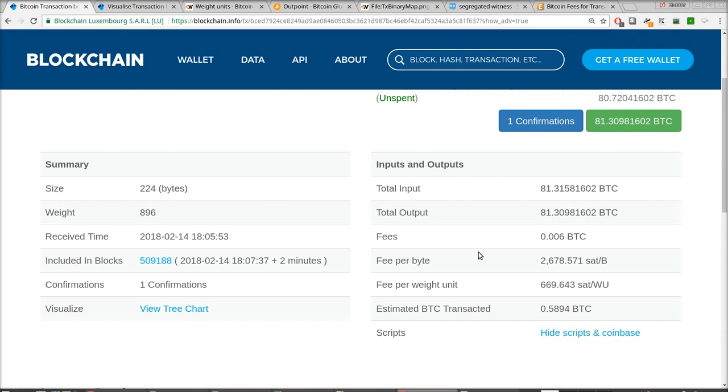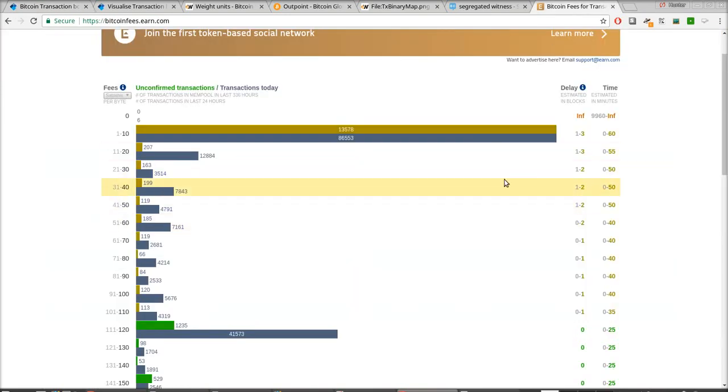So they overpaid by a lot for this particular transaction. And that's something you should keep in mind when you see these scary stories about the average cost of a Bitcoin transaction being really expensive. Frequently, people are just overpaying by ridiculous amounts.